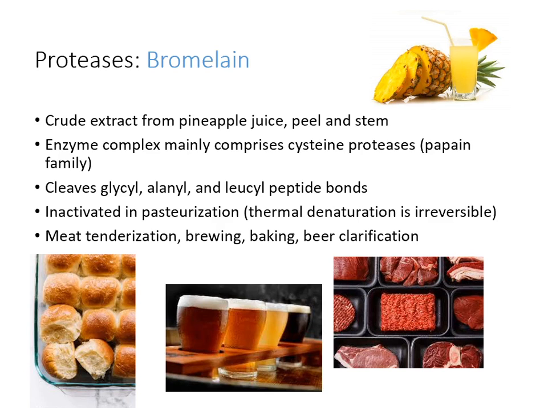So another cysteine protease is bromelain. So bromelain is a plant protease isolated from pineapple, from all parts, juice, peel, and stem. So it's from papain family, and it cleaves specific peptide bonds.